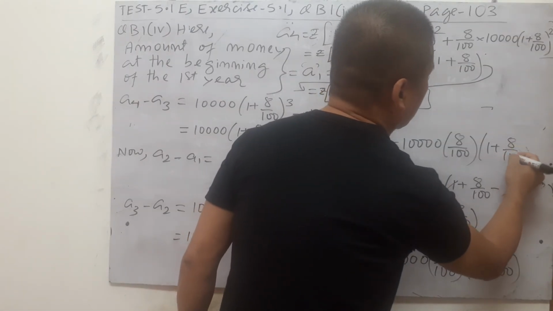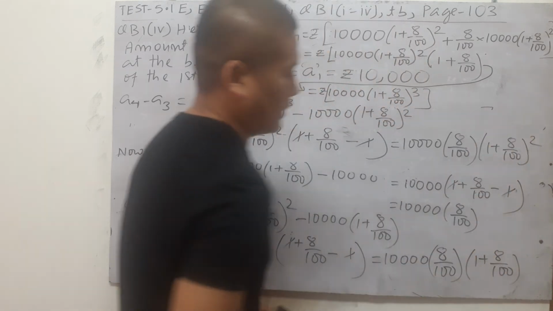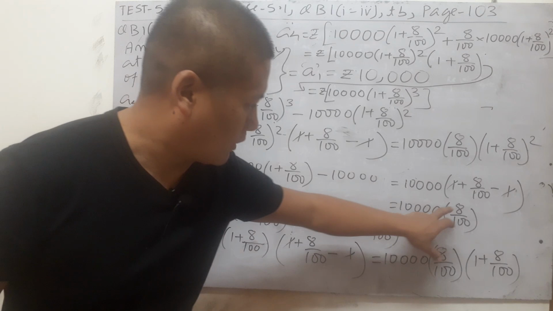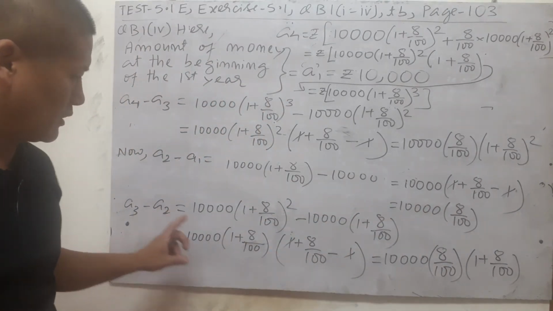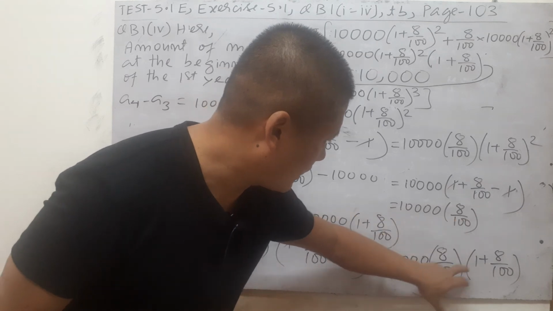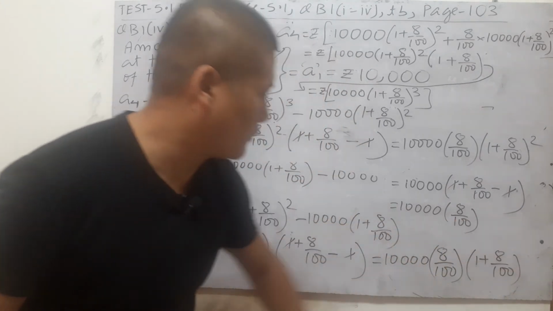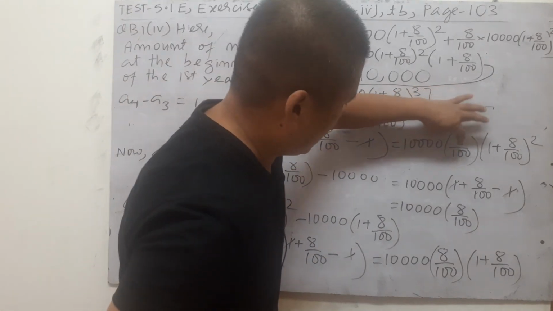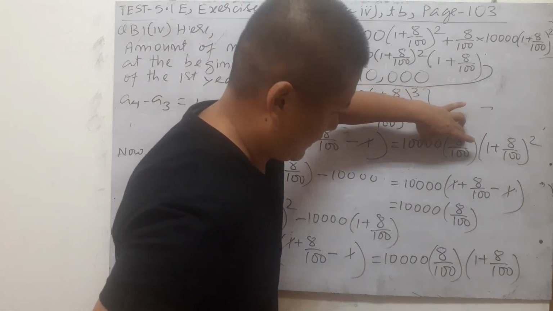(1 plus 8 by 100) square. That way, see, A2 minus A1 is 10,000 into 8 by 100. A3 minus A2 is 10,000 into 8 by 100, same as this A2 minus A1, with an extra factor 1 plus 8 by 100. And A4 minus A3 is 10,000 into 8 by 100, which is the same in all three here.